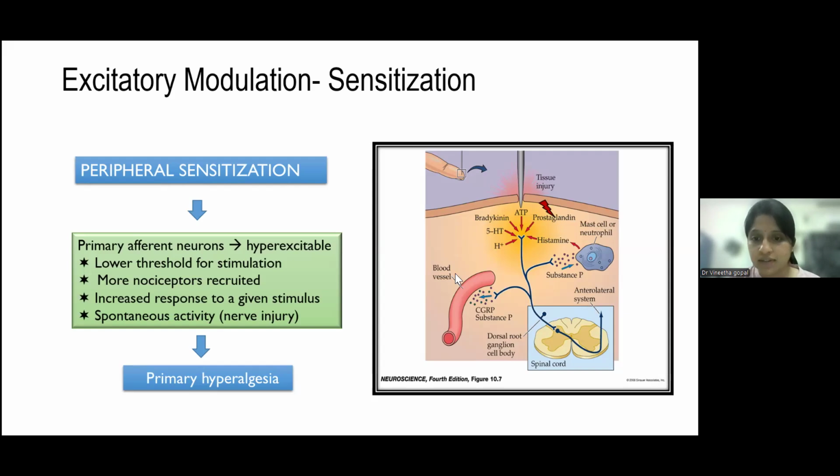Second, here, this is the conduction. Which drug can actually block the conduction through the nerve? We have to block the conduction through the nerve. How will we do that?